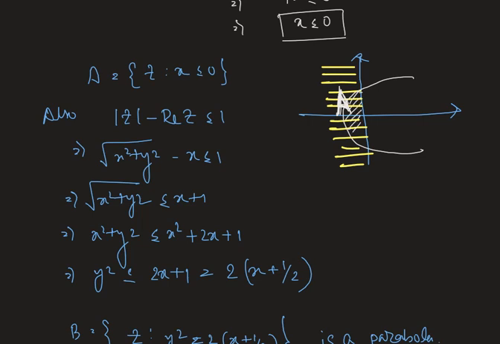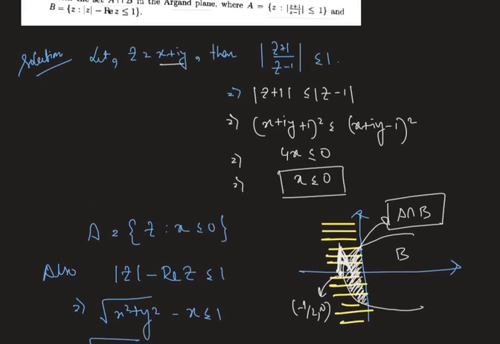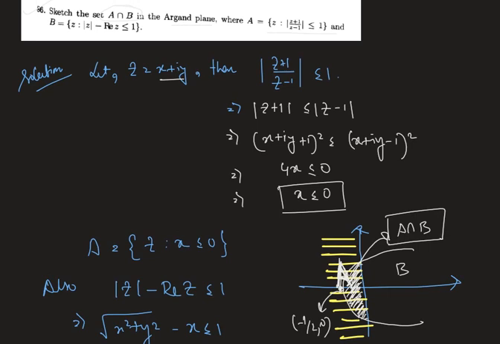Therefore this is the portion which defines A intersection B. This is the minus half comma 0 coordinate, and this portion defines A intersection B. Okay, so we have solved this problem, and in this problem we were asked to sketch the portion A intersection B, and we did this.